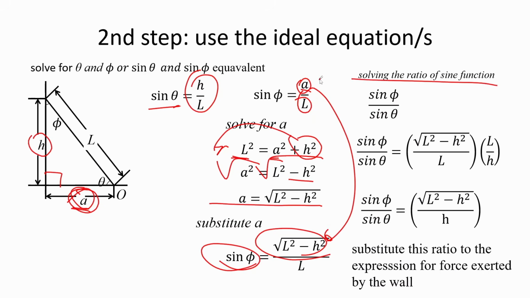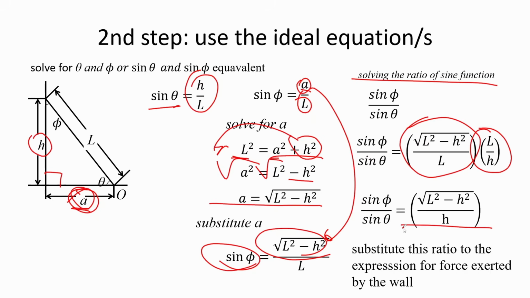So, solving the ratio of the sine functions, you have sine phi over sine theta equal to H over L divided by the square root of L squared minus H squared over L. This becomes H over the square root of L squared minus H squared.